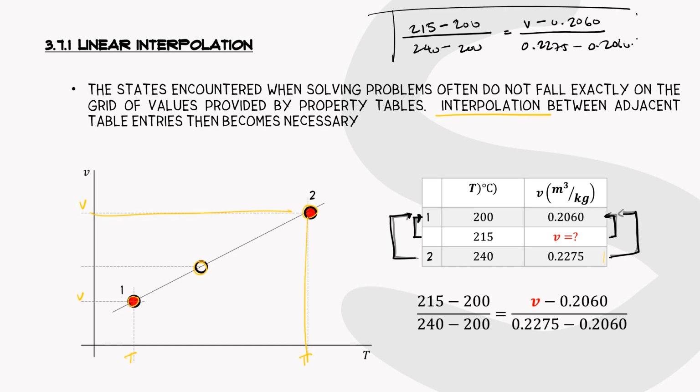So in this equation there is one unknown, therefore we can solve for V. This is called interpolation.